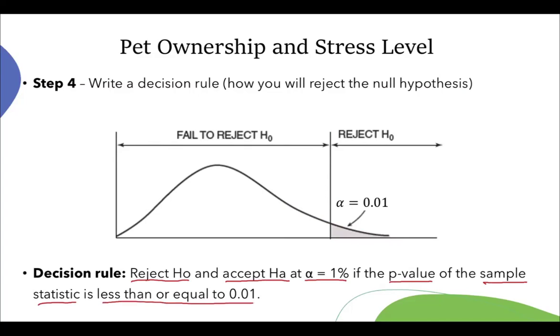So while we're using the same exact decision rule for all of these tests, recognize that the sample statistic in this problem is not the same as in a z-test or a t-test, where the sample statistic is x bar. Here, the sample statistic represents the chi-square test statistic. So how do we find that chi-square test statistic? Then we go to step number 5 and we use our calculator.